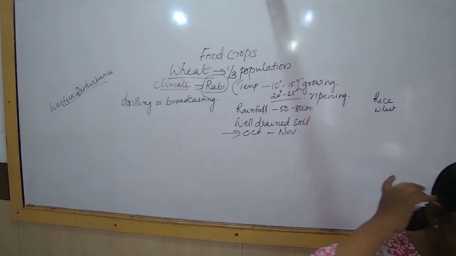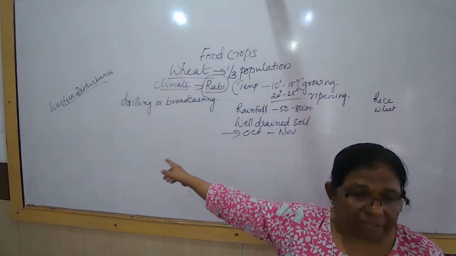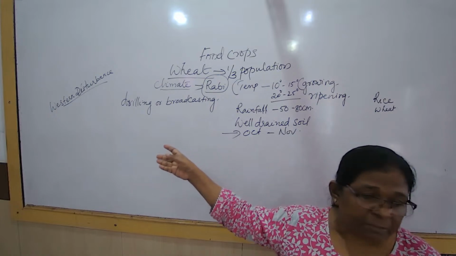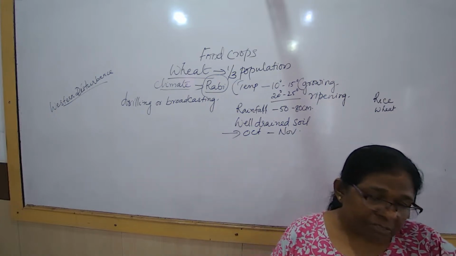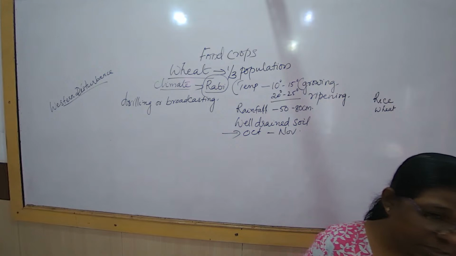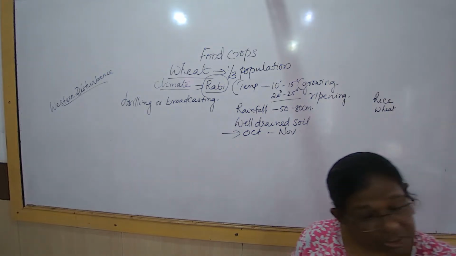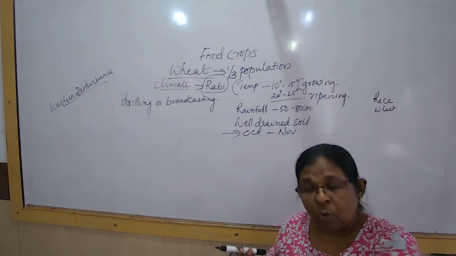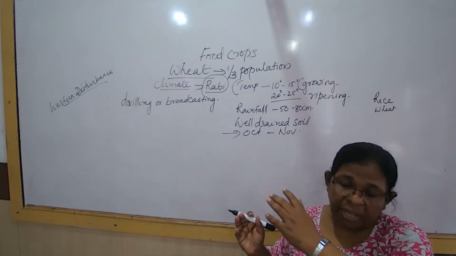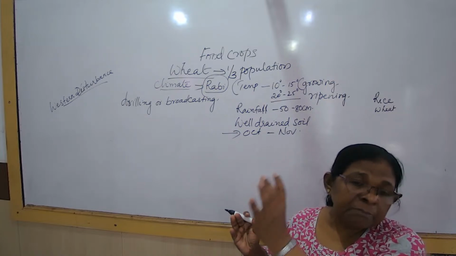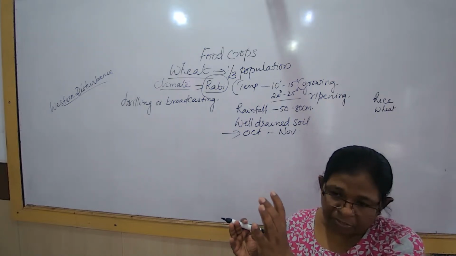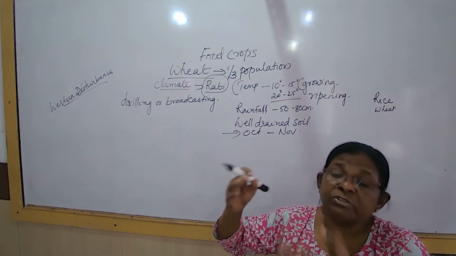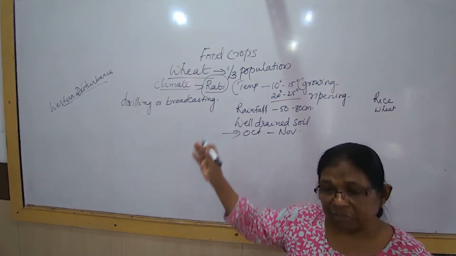Because in the northwestern part of India, irrigation is not needed because of the western disturbance. There is a kind of cyclonic wind which originates from the Mediterranean Sea, and passes all throughout, and enters the western part of India, the northwestern part of India, and gives rainfall or snowfall in the northwestern part.